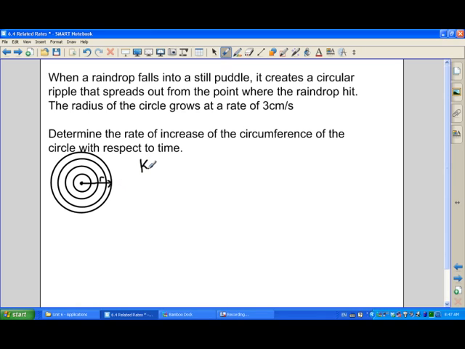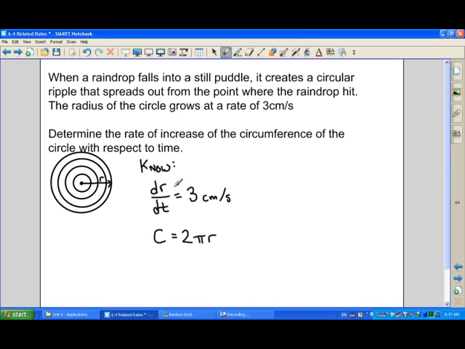So some things that we know just from reading this question, we know that the radius is growing with respect to time. So the change in radius with respect to time is 3 centimeters per second. We're being asked to determine the rate of increase of circumference of the circle. So we know that the circumference of a circle is equal to 2 pi r.